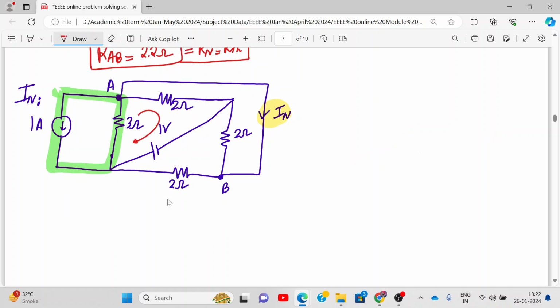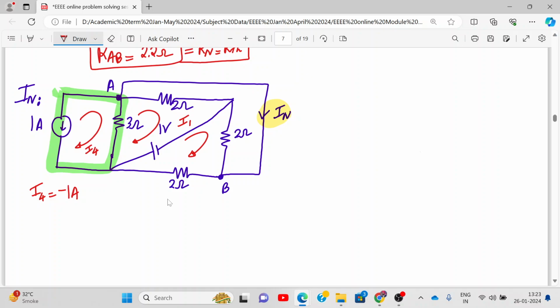So this is I1, this is I2, and this is IN. And this current over here, even if we consider I4, what is I4? -1. That's it. Apply KVL to other loops.